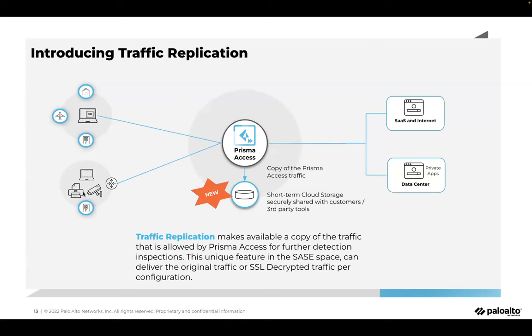I might have branches, right, with some IoT devices connected, trying to connect to controllers or apps in either data centers or just going to SaaS and internet. So any type of traffic that could be out there, we now have the ability to get a copy of this traffic and make it available to our customers. How exactly is it being done?